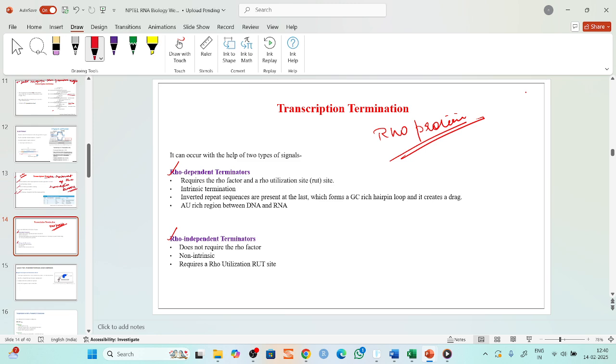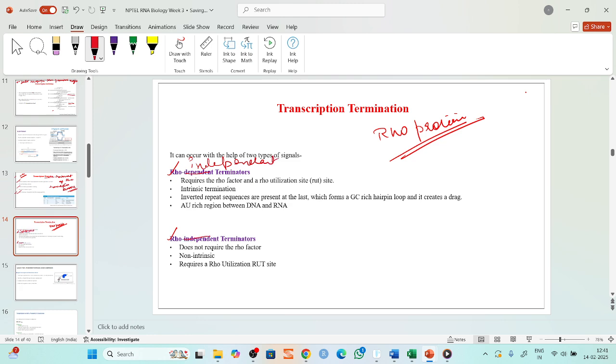So rho dependent requires the rho factor and a rho utilization site, and this rho utilization site in short is known as the RUT site. And when we're talking about rho dependent termination, then it is an intrinsic termination, and okay, I think this should be rho independent.